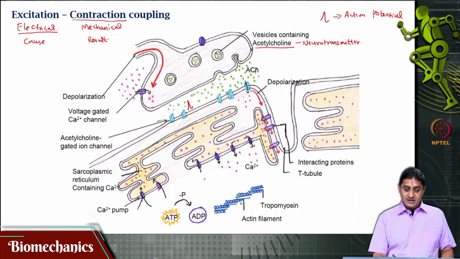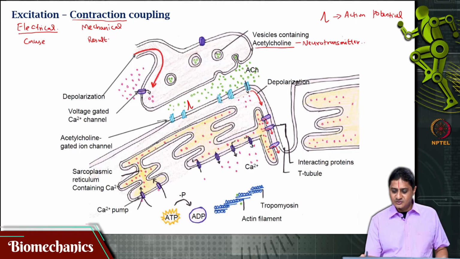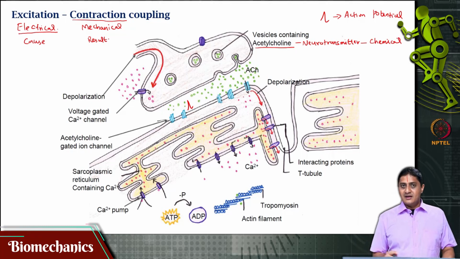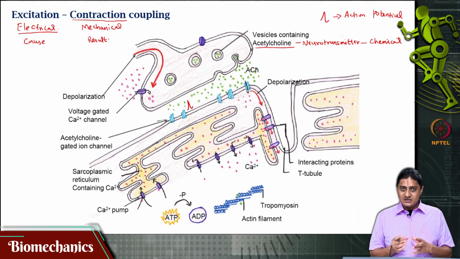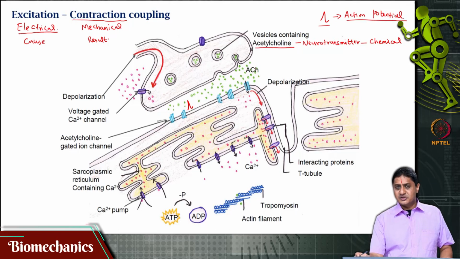So, with this domino effect, a lot of sodium enters inside because the command has been received through chemical means. Remember, acetylcholine is a neurotransmitter which is a chemical. And this leads to a chain of events whereby an electrical signal or a particular pulse with a specific characteristic is generated, that is called action potential.